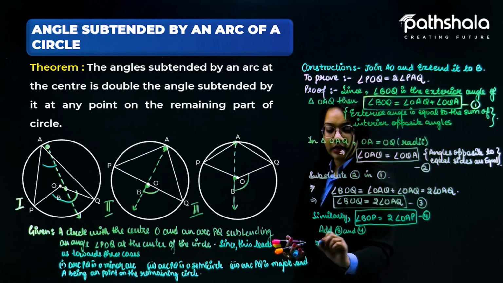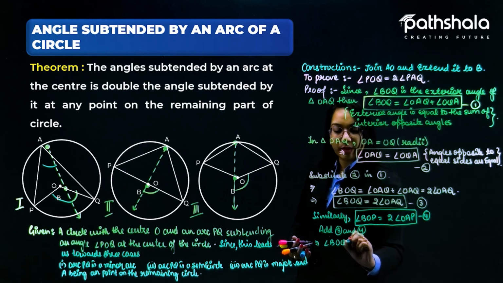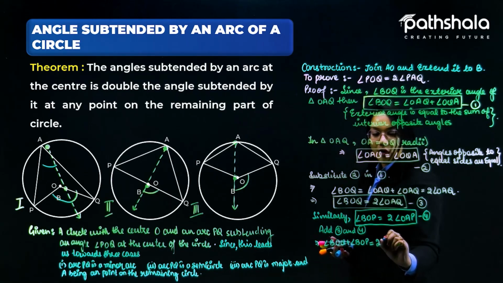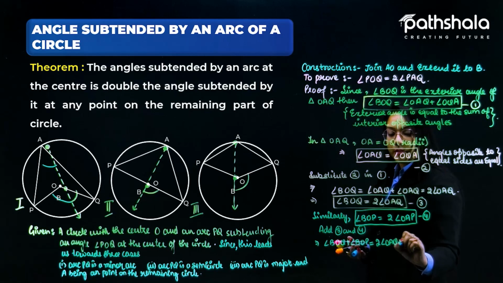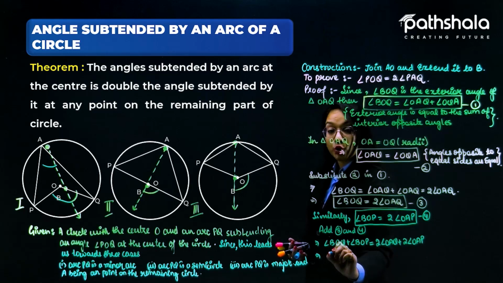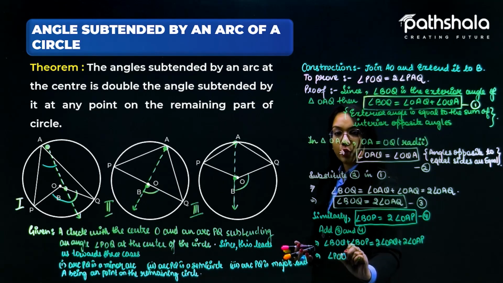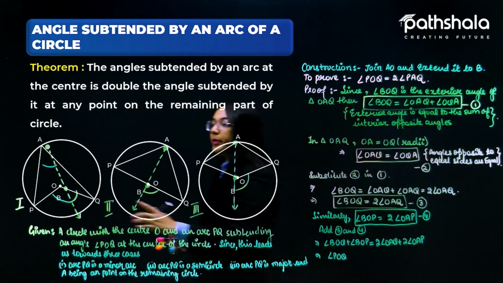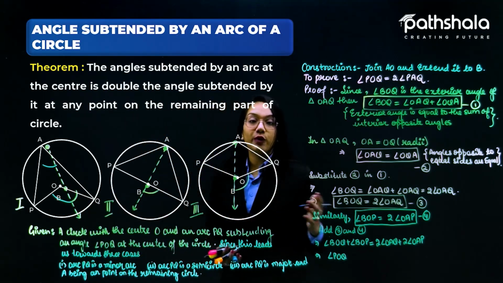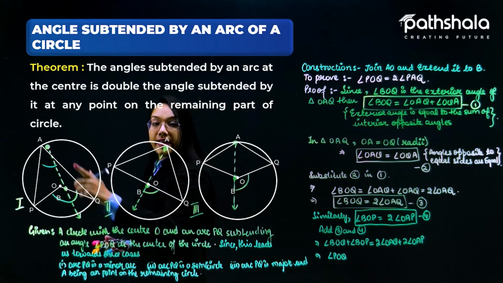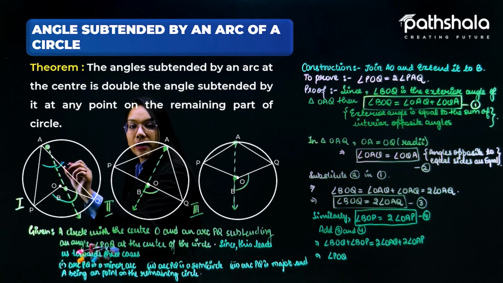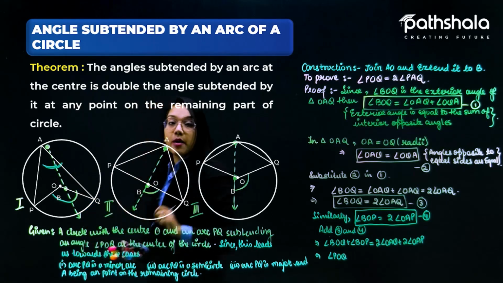What are we getting at the end? Angle BOQ plus angle BOP is equal to twice angle OAQ plus twice angle OAP. So BOP plus BOQ is nothing but the total angle, which is POQ. And furthermore, OAQ plus OAP is nothing but the total angle PAQ.